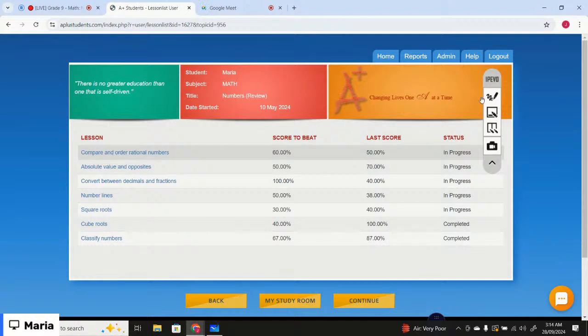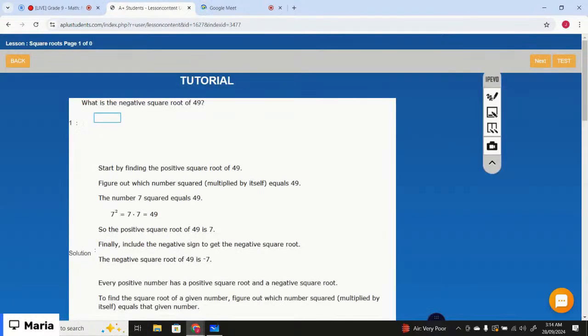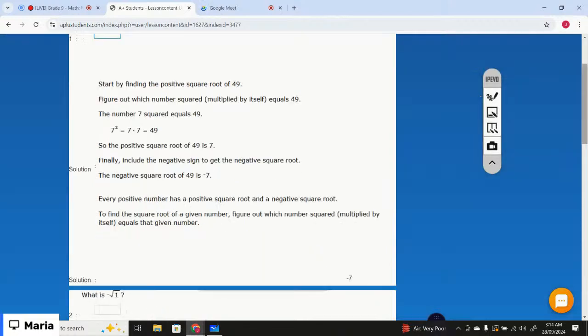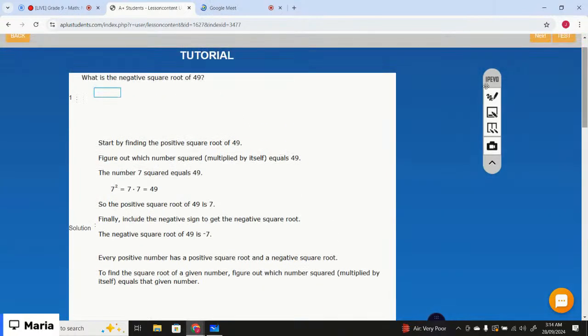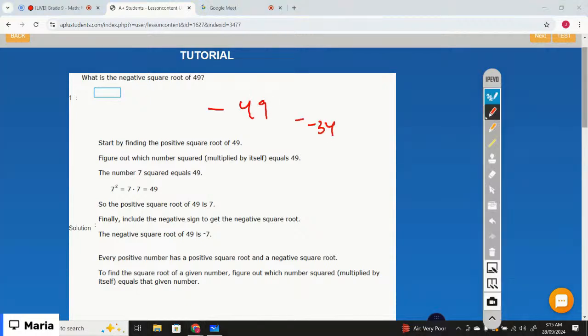The next lesson is square roots. What is the negative square root of 49? You have -49, right?